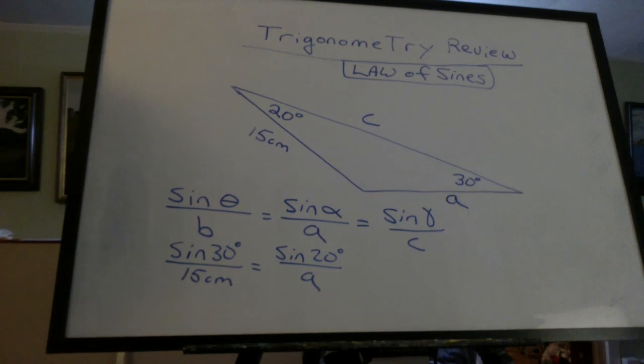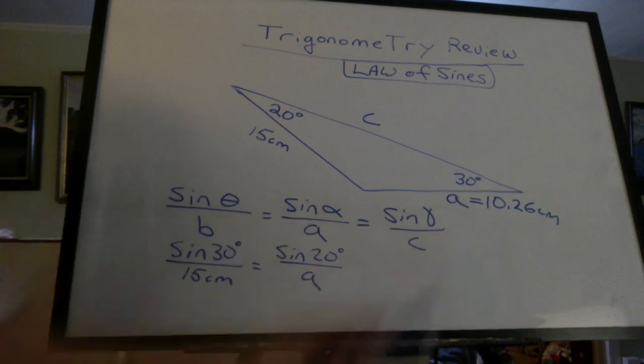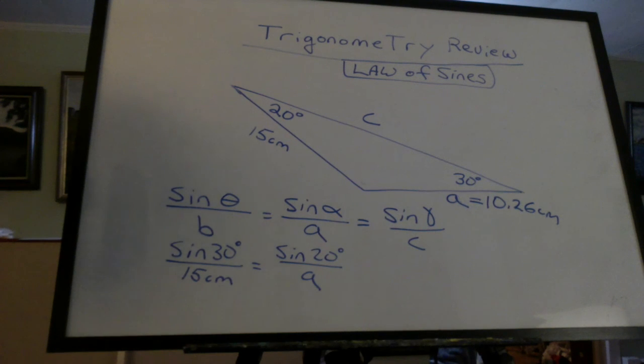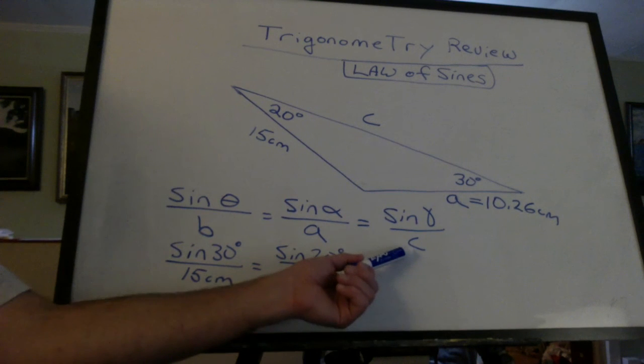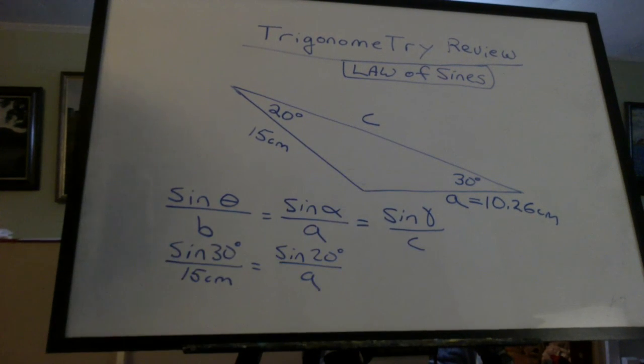Take a look at that, see if it all lines up in your head, and then solve for A. I cross multiplied, I get 10.26 centimeters. How about solving for C? We need to include this part, which has the third angle in there. But I didn't give you the third angle. Can you figure it out? Yep, it's 130 degrees because all 3 have to add up to 180.